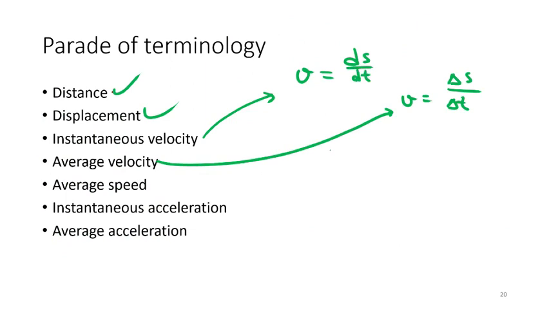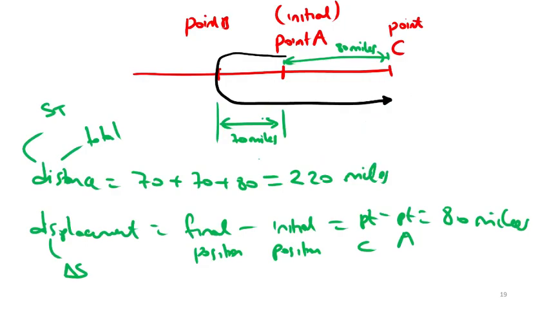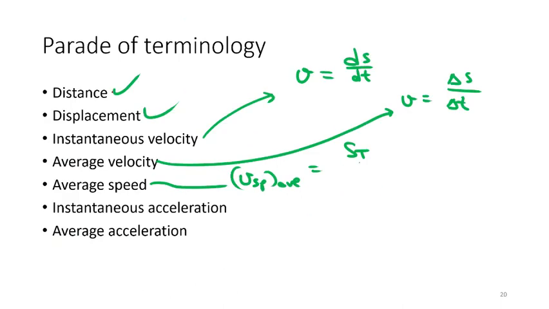So instantaneous velocity is ds by dt, and average velocity is delta s by delta t. But the average speed will be the total distance st, from A to B, from B to C, divided by delta t, the time used to travel the distance of st.